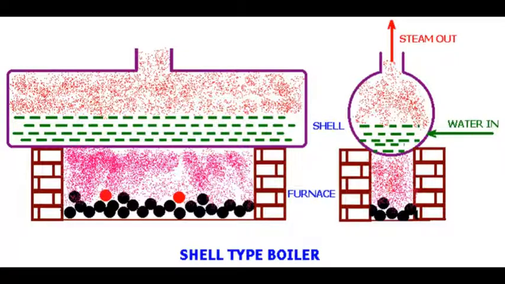Shell type boilers are actually first generation boilers, and they were basically discarded because of several disadvantages.